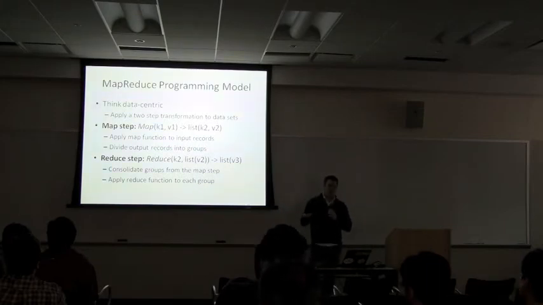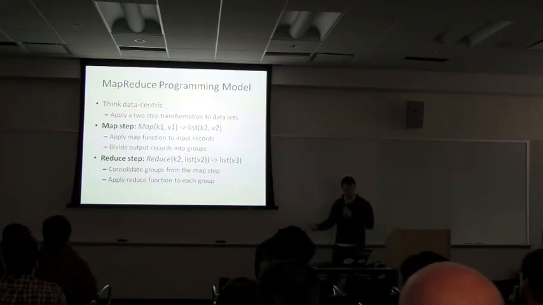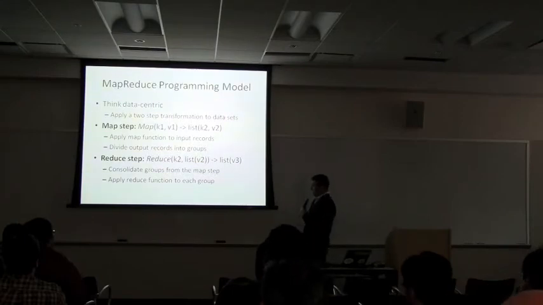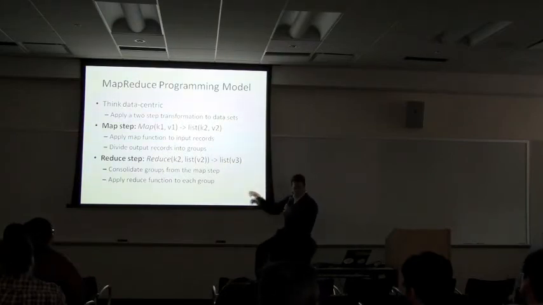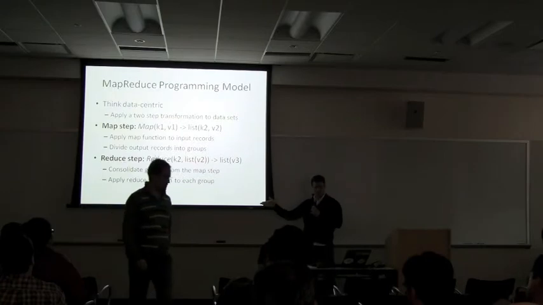The system will apply this map function to input records. It will divide the output records into groups. Now the reduce step has a reduce function which takes a key and a corresponding list of values, so the key is the group, and returns a new list of values. And the system will consolidate the groups from the map step and apply the reduce function to each group.